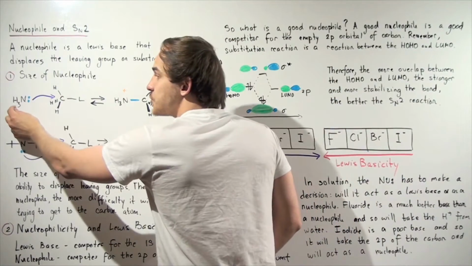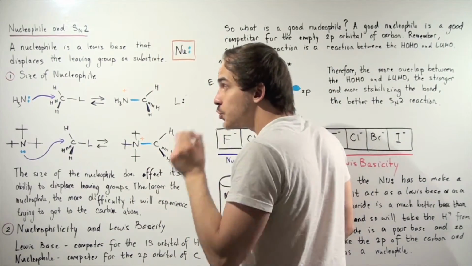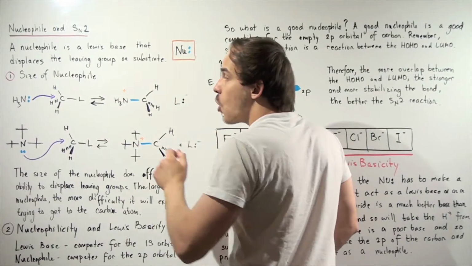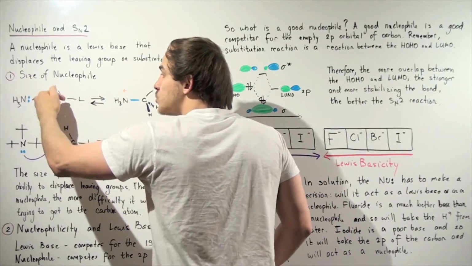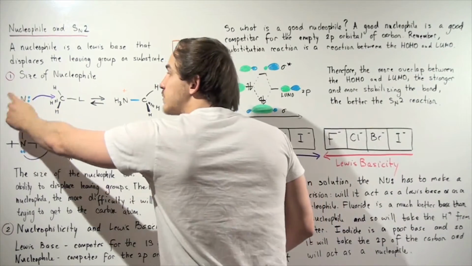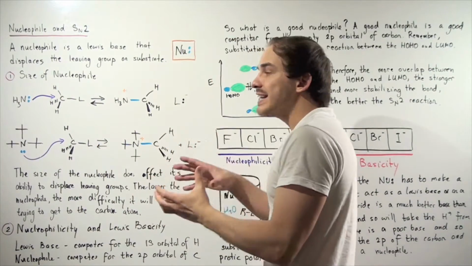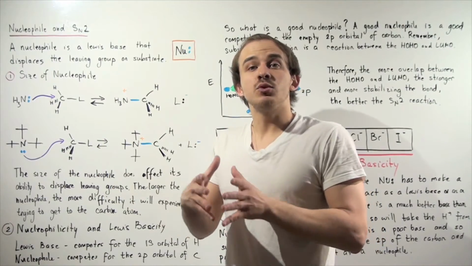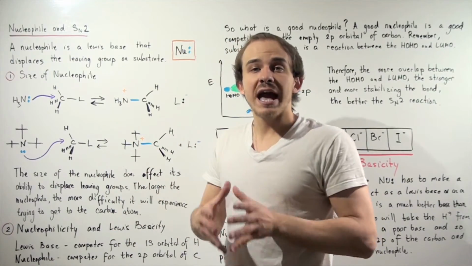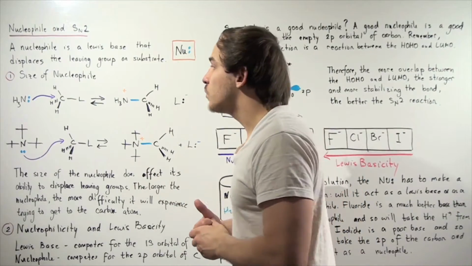That means if this H atom gets too close to any of these H atoms as our nucleophile is approaching the carbon, if those electrons get close, we will get electrostatic repulsion between our electrons, and this will decrease the rate of our reaction. It will slow down our reaction.